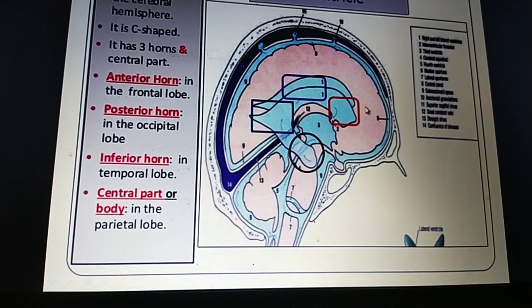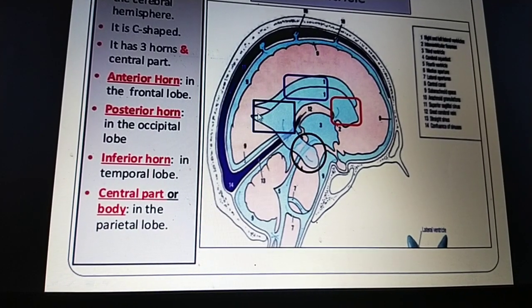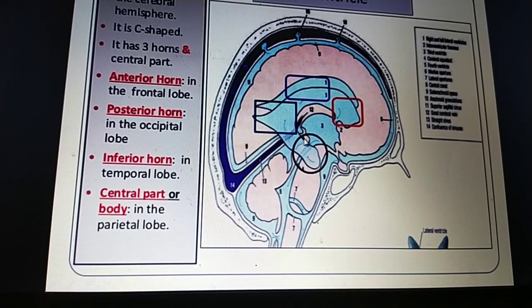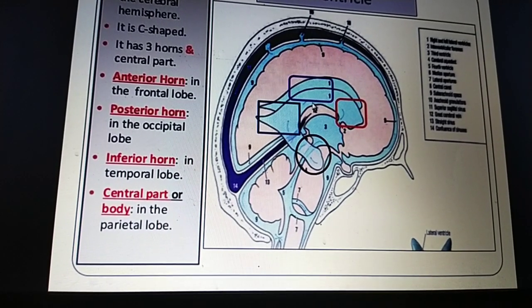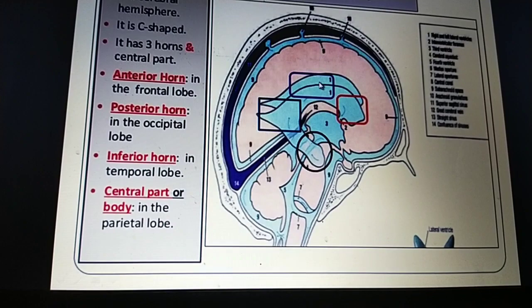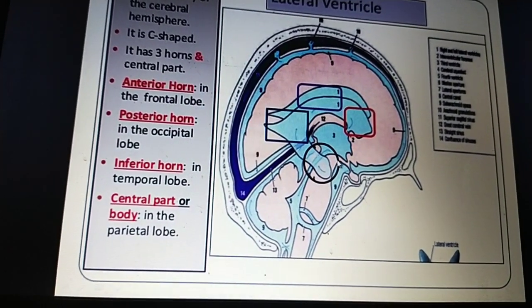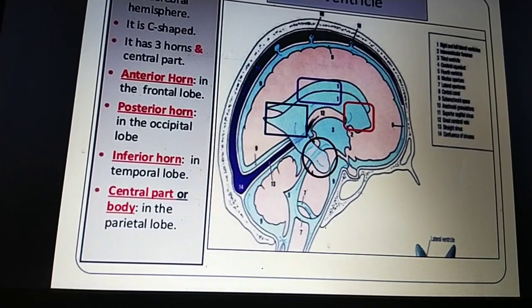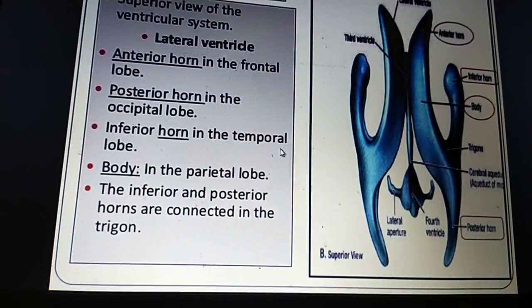The posterior horn is in the occipital lobe. The inferior horn is in the temporal lobe. The central part or body is in the parietal lobe. These are all parts of the lateral ventricle only.